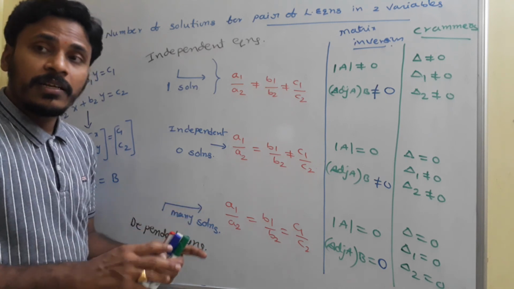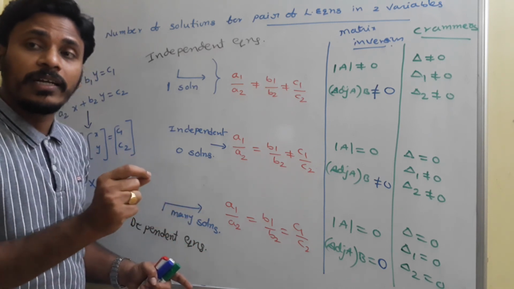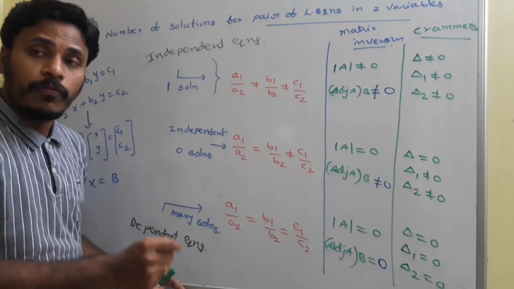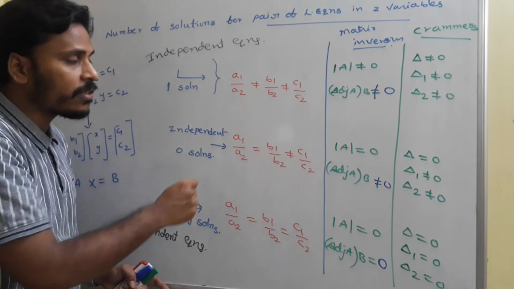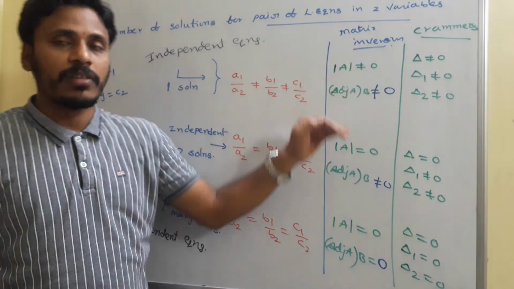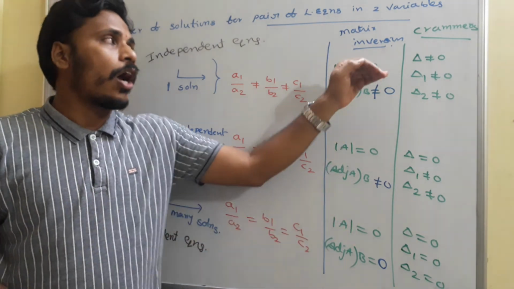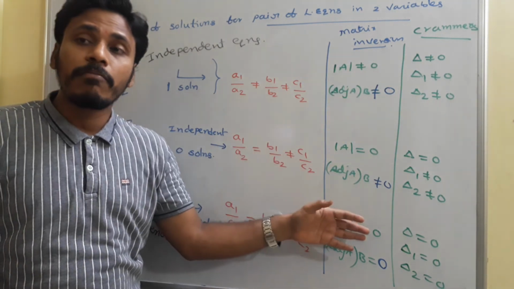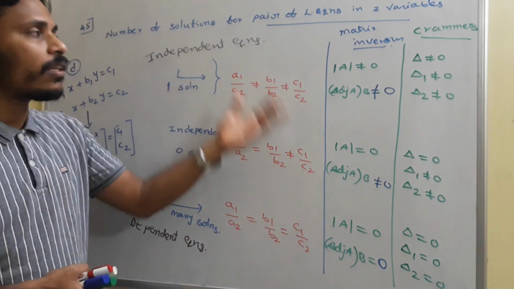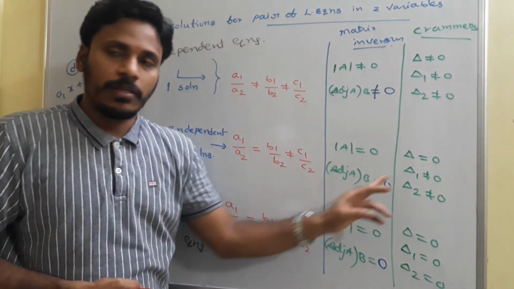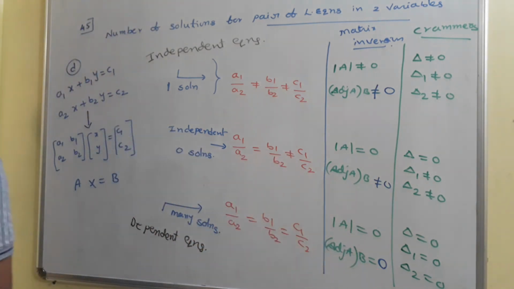Analyzing and generating certain rules and restrictions in a system of linear equations in three variables is a bit complicated, and that's why here itself I am generating certain restrictions related to the matrix inversion method and Cramer's method, and the same analysis I will extend for the linear equations involving three variables, and that's why I mentioned all these things. Okay, just have a note, go for a screenshot.